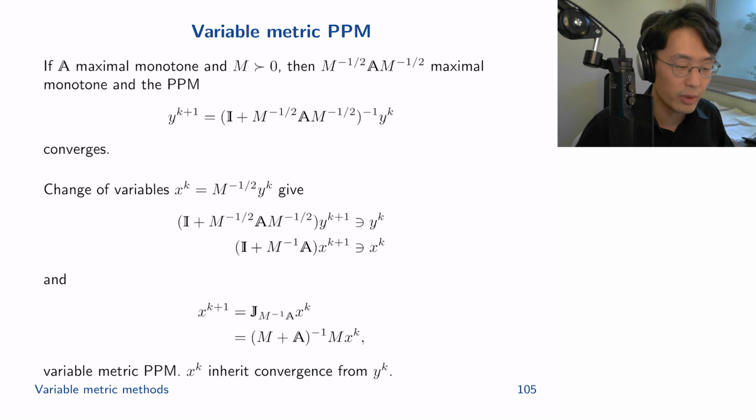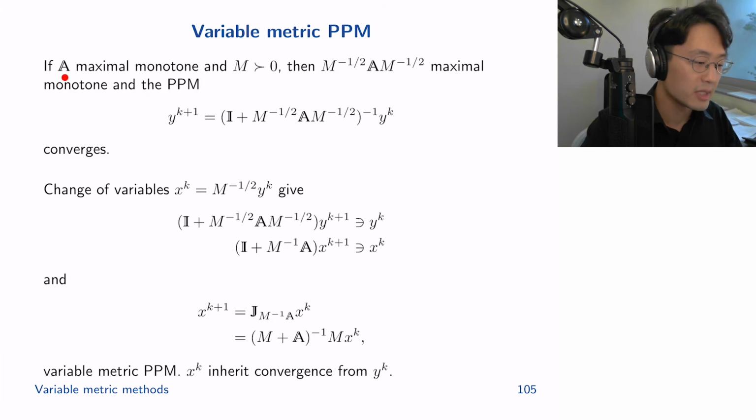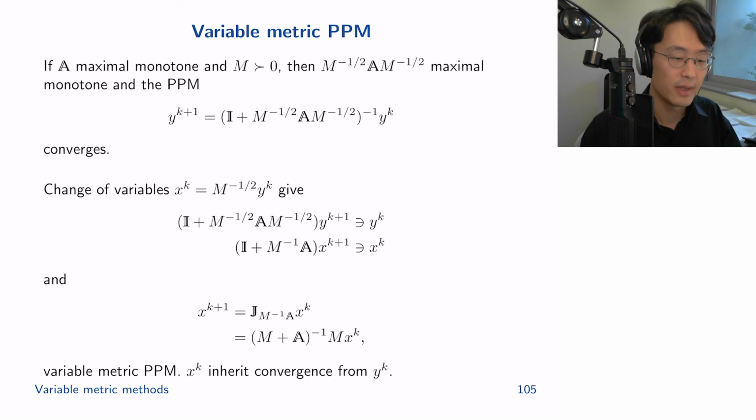Let's derive the variable metric proximal point method. If A is a maximal monotone operator and if M is a positive definite matrix, then the congruence transform, M^{-1/2} A M^{-1/2}, is maximal monotone.